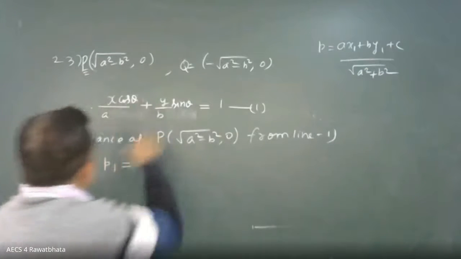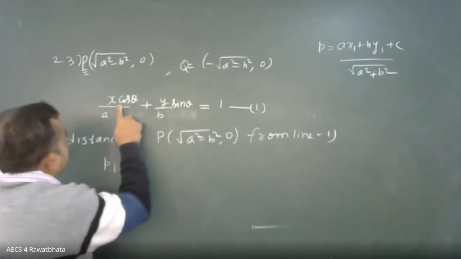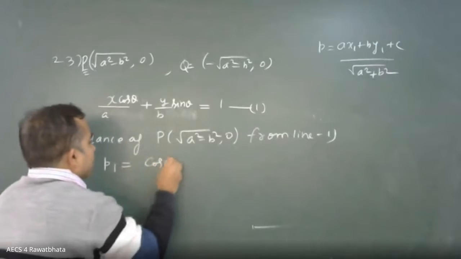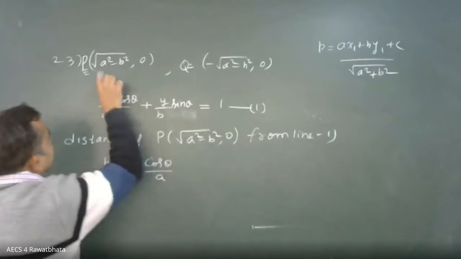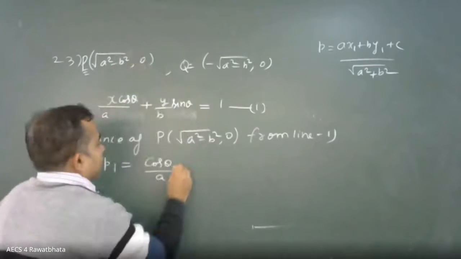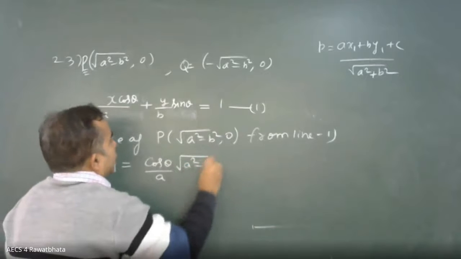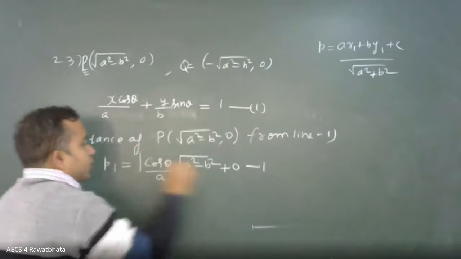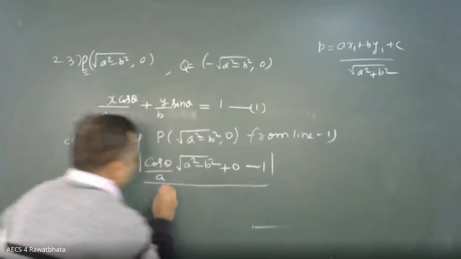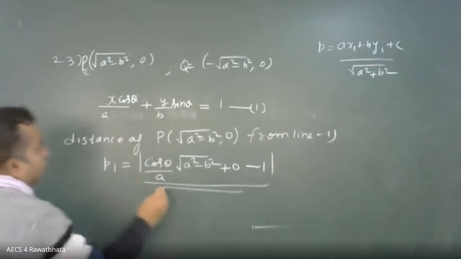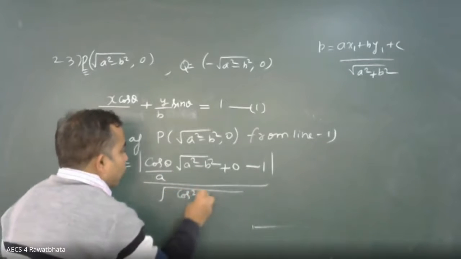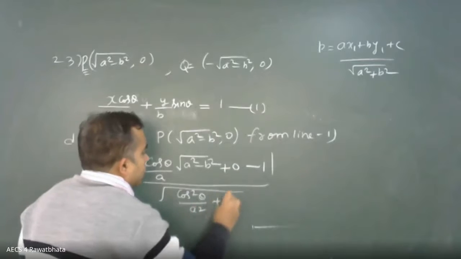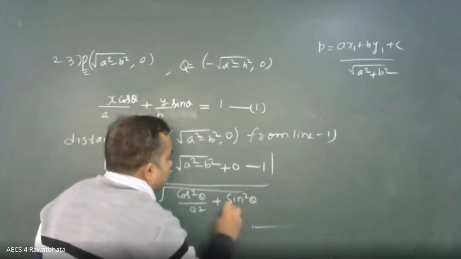So we take the equation of line, we write x multiplier as it is, and in place of x, x coordinate comes of the point. This is plus 0, 1 taking in left side, minus 1 magnitude, divided by root of x multiplier whole square, cos square theta whole upon a square plus sin square theta whole upon b square.